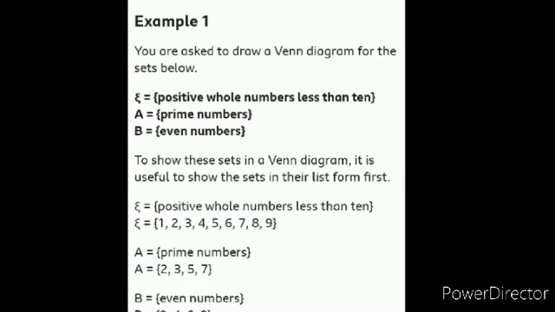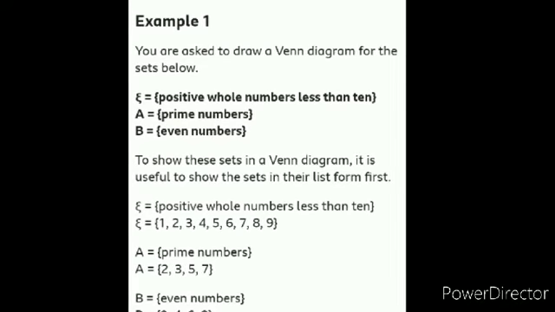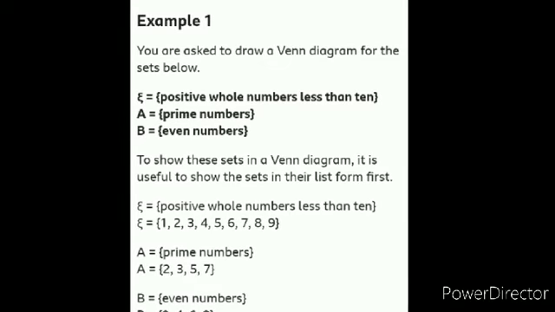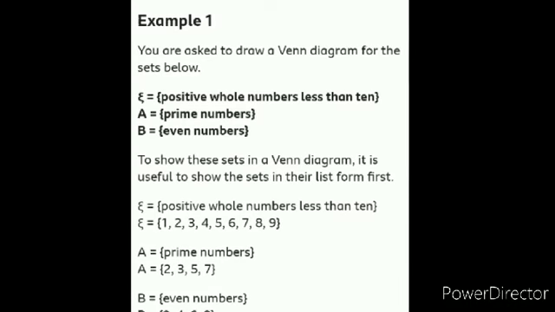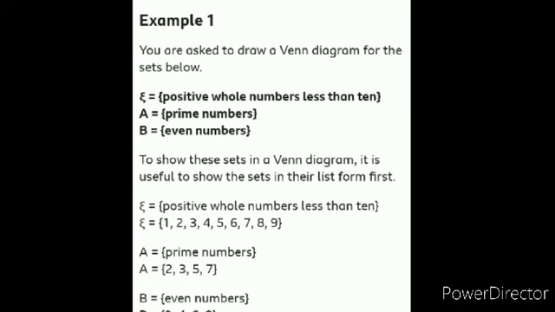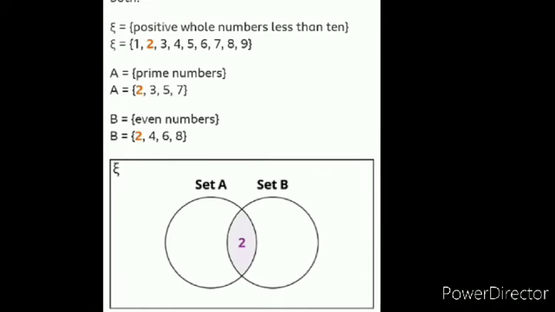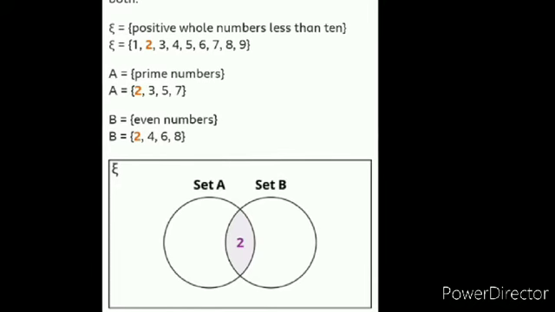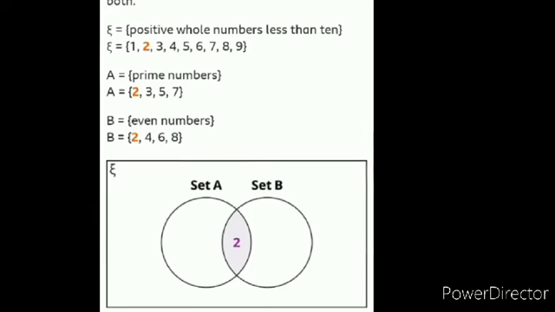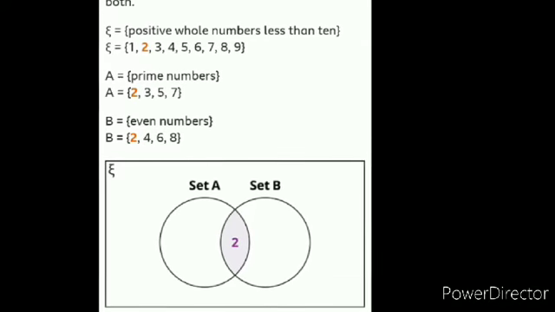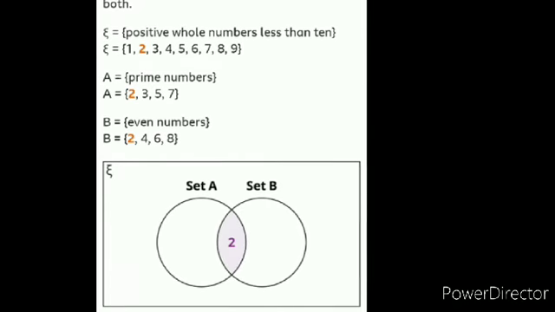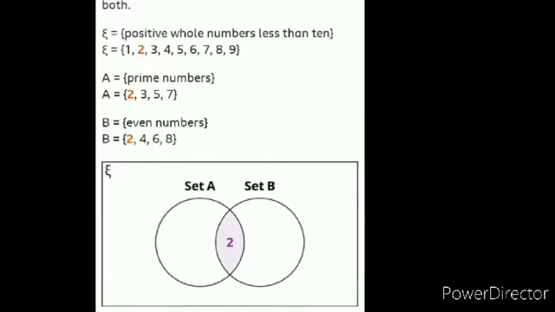Here, the universal set is the positive whole numbers less than 10, set A is equal to prime numbers, and set B is equal to even numbers. The universal set is equal to 1, 2, 3, 4, 5, 6, 7, 8, 9, and the prime numbers according to this universal set are 2, 3, 5, 7, and the even numbers are 2, 4, 6, 8.